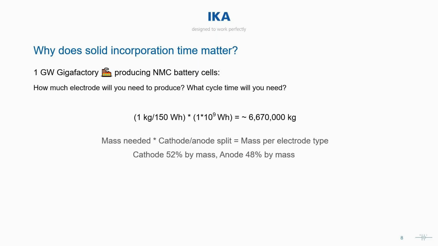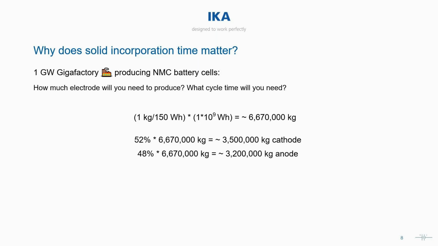A relatively safe assumption. Usually you need a little bit more of the cathode by mass, it tends to be heavier. So if we take this 6.7 million kgs and multiply it by the respective percentages, we see that we're going to need around 3.5 million kgs of cathode material and 3.2 million kgs of anode material.